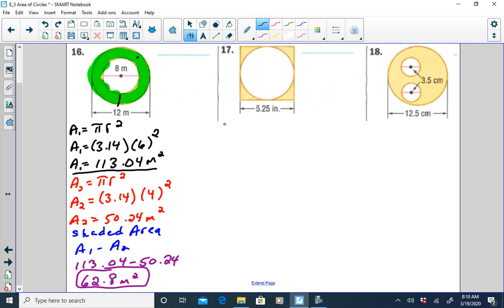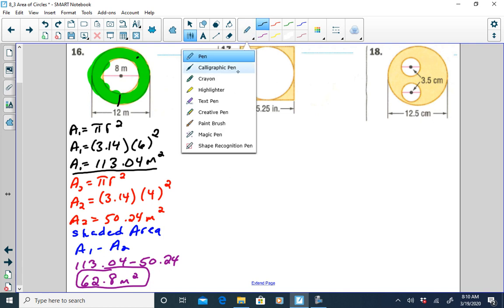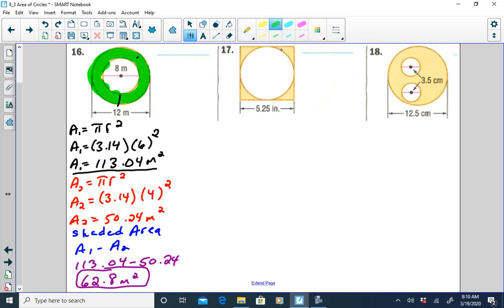All right. So if we take a look at problem 17, let me undo that, it's probably better to use the shaded part. First thing we're going to have to do is find the area of the entire square. We're going to have to find this area first. Well, the area of that entire square includes the area of the circle.